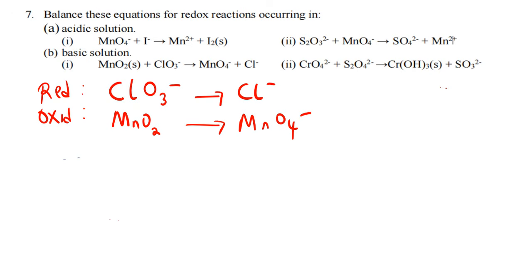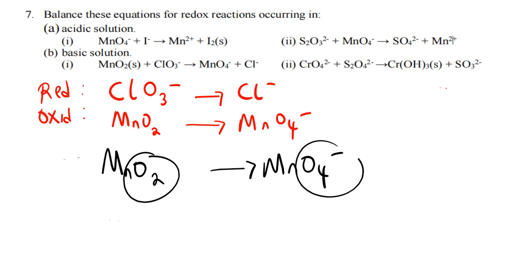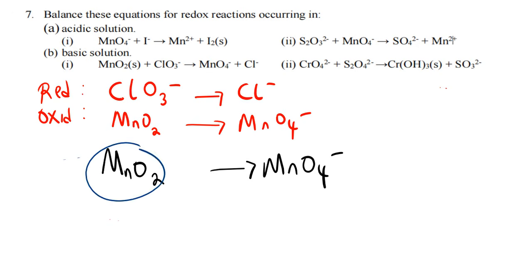Let me start with manganese. Let me just rewrite the equation and we balance it like the other one. So we've got manganese oxide, and then it went to manganese, minus. Let's review this one. In terms of water molecules, here I've got 2 oxygens, here I've got 4 of them. To balance oxygens, because there's a shortfall of 2 oxygens, I'm going to add 2 water molecules on the other side.